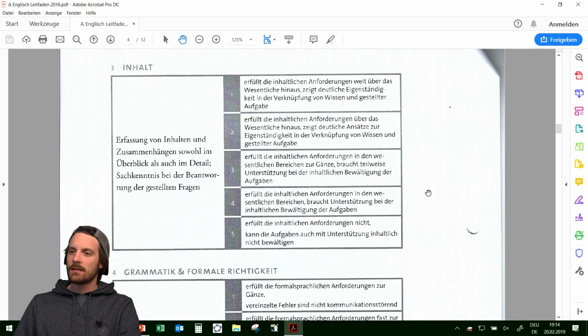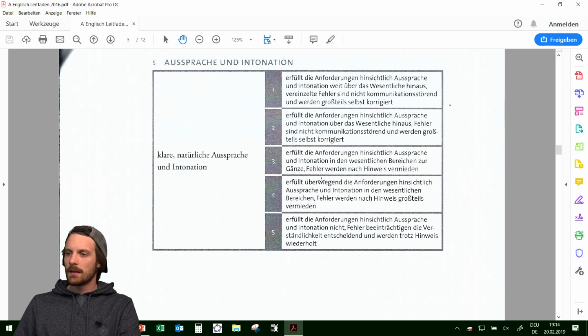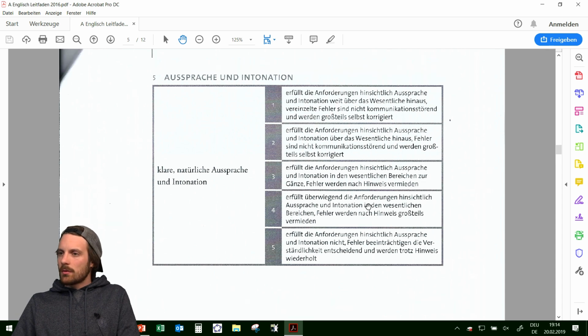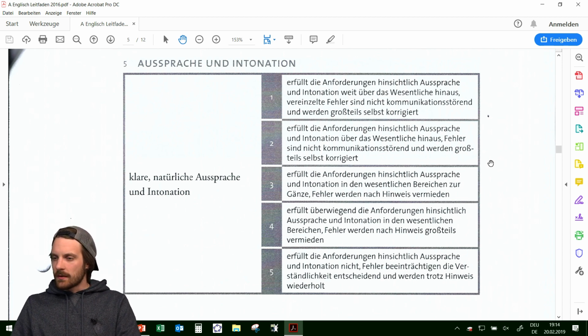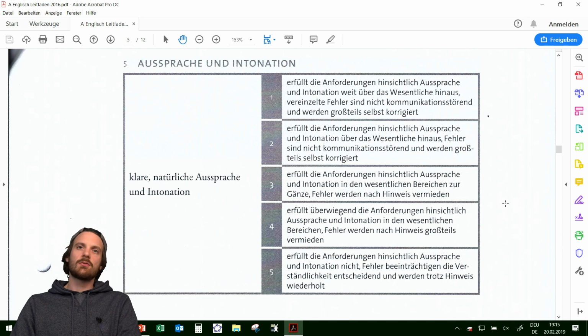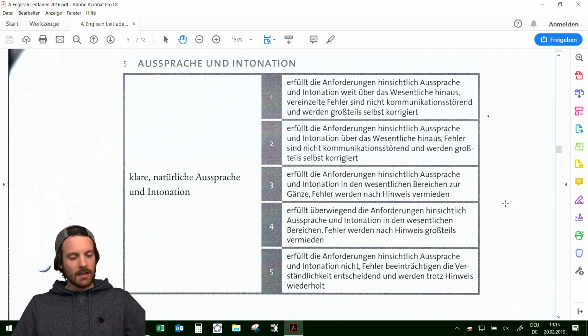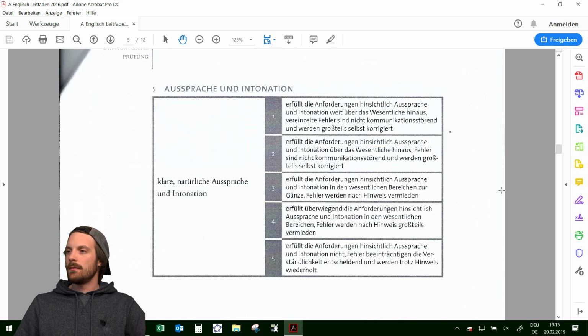And in this case there are all the others, and for example, if we have a more detailed look into the criteria of intonation and pronunciation, at level 3 you do try to prevent mistakes, but you can only prevent them if the examiner tells you that you made an error or a mistake here.